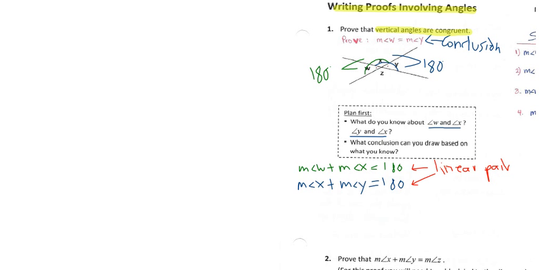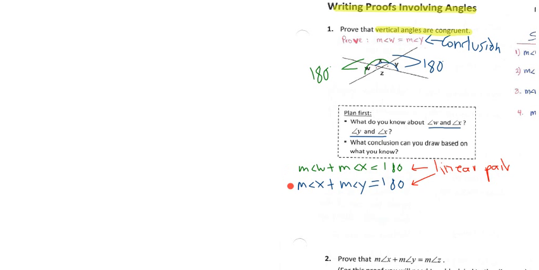Now if we look at the conclusion that we want to get, which is up here, measure of angle W is equal to measure of angle Y. It's only one equation, but right now we have two equations. So we want to combine these two equations into one, and the properties that we have allow us to do that.